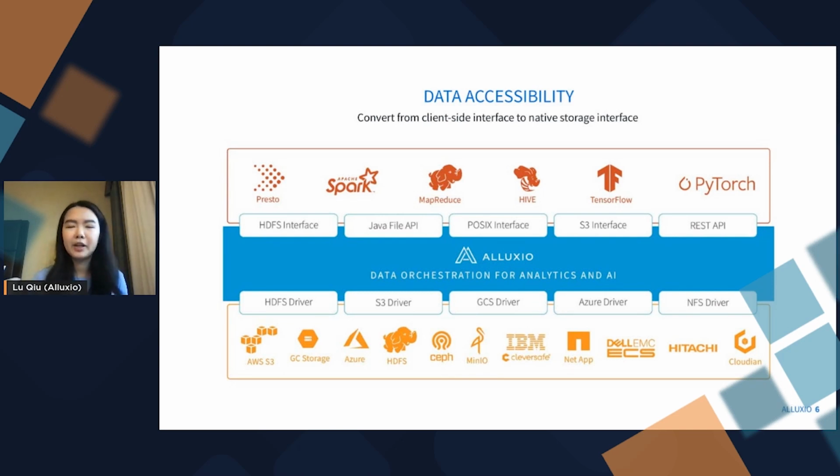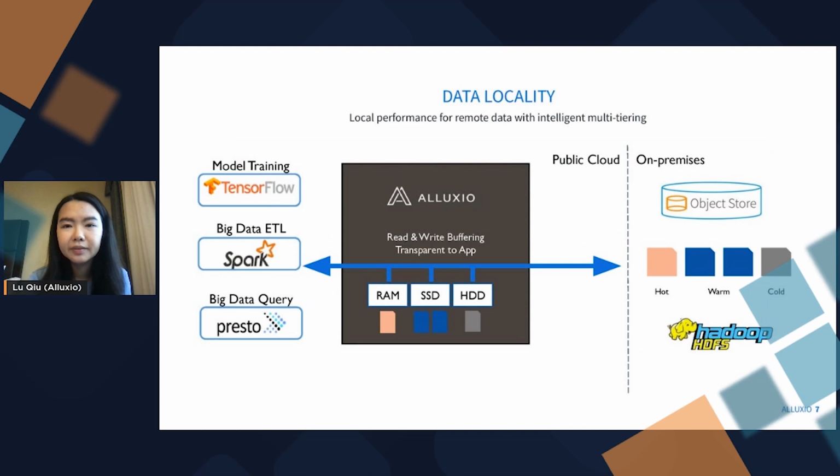That's because we provide different interfaces for connecting to different compute frameworks. For example, we provide the POSIX interface for our cloud training, especially TensorFlow and PyTorch. And Elastic provides data caching capability. For example, our training and compute may be on the cloud, and our data storage may be remote, maybe in a remote HDFS cluster or remote cloud storage.